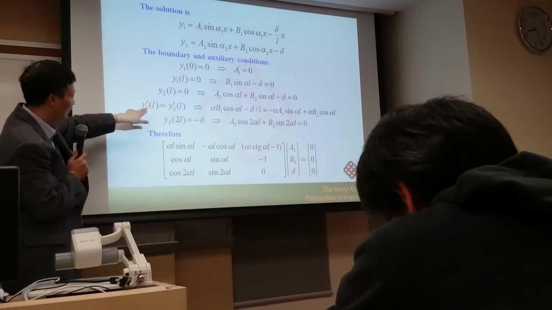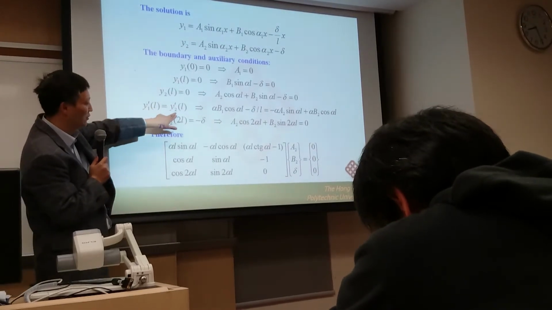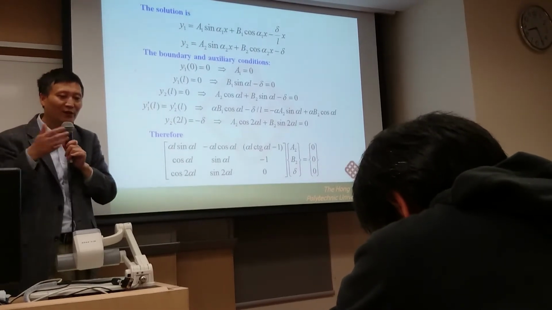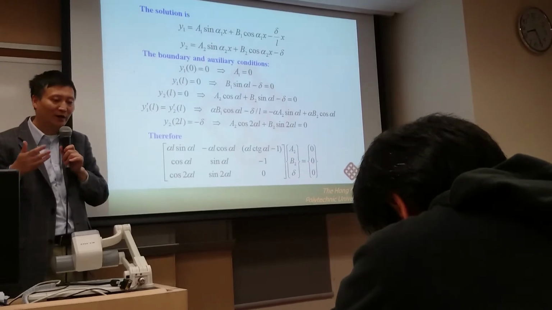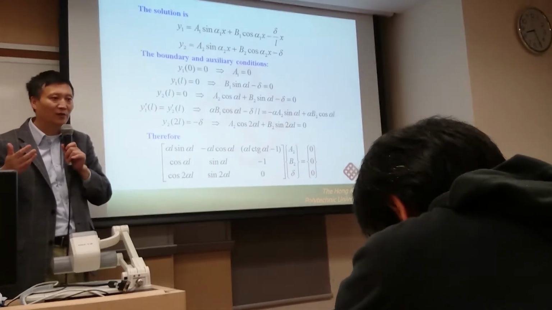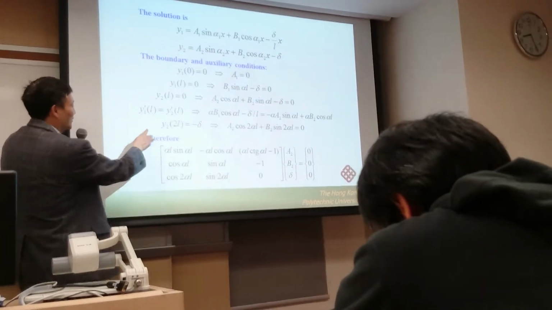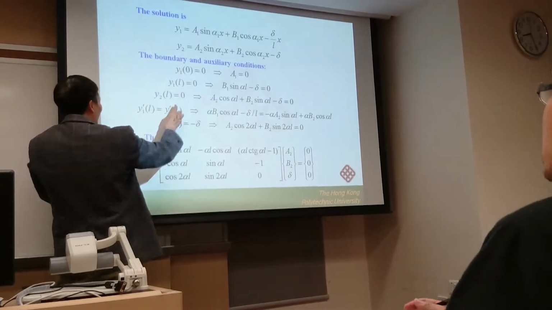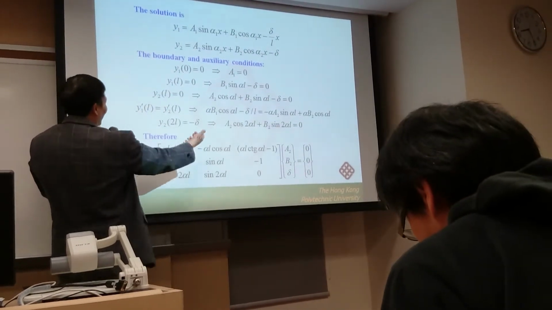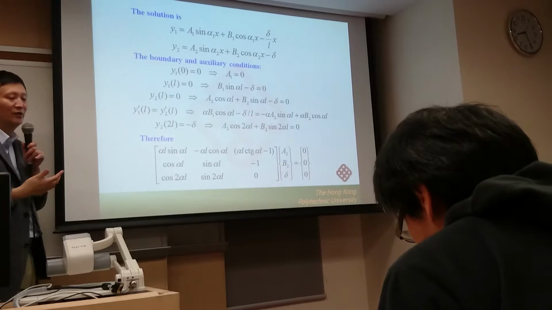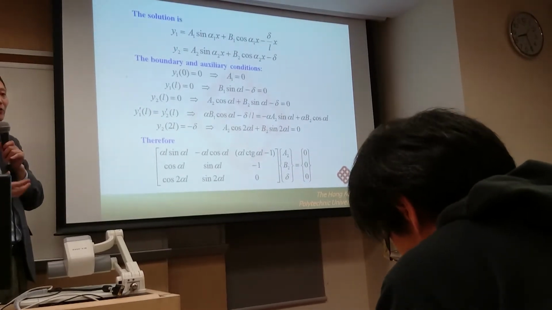It's y1 at C equal to y2 at C. So why didn't I use y1 at C equal to y2 at C? Because we already have y1 equal to 0 and y2 equal to 0, so definitely they are the same. So we don't need to introduce it again.